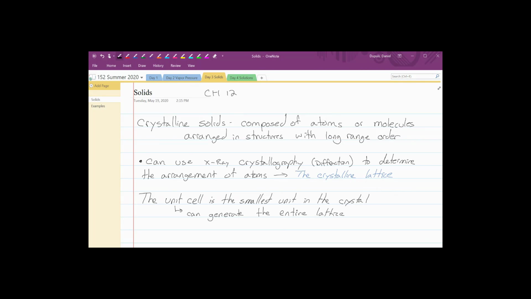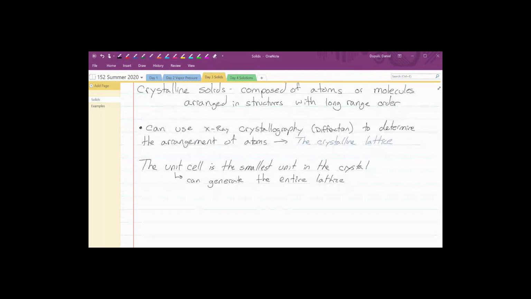All right. So think of the unit cell as a cube, because we're only dealing with cubes. It's true, it's not always cubes, but we're just dealing with the cubes.